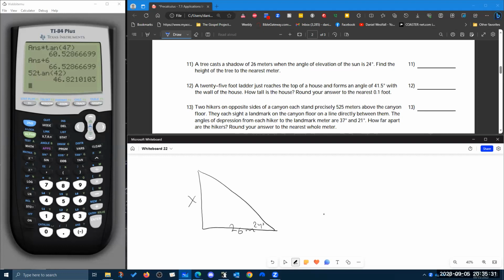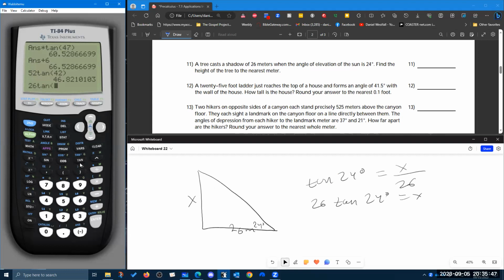So tan 24 degrees equals x over 26. 26 tan 24 is x. 26 tan 24. And we're rounding to the nearest meter. So x is about 12 meters.